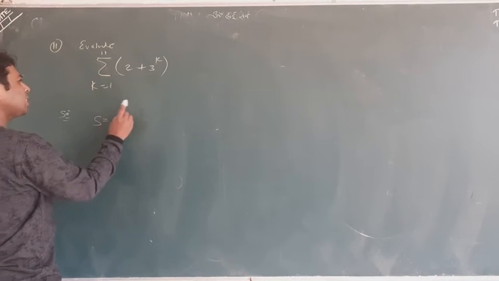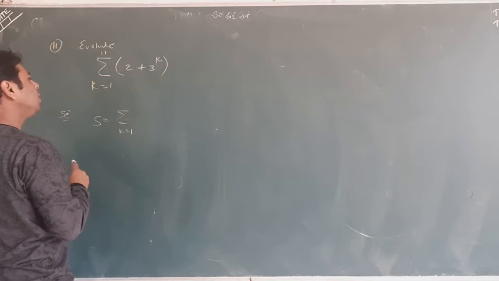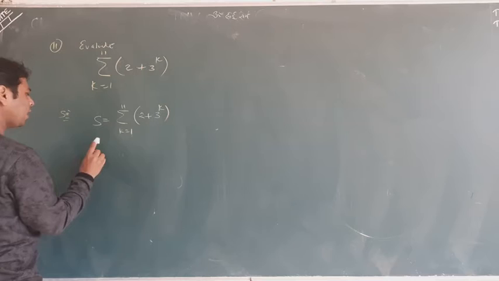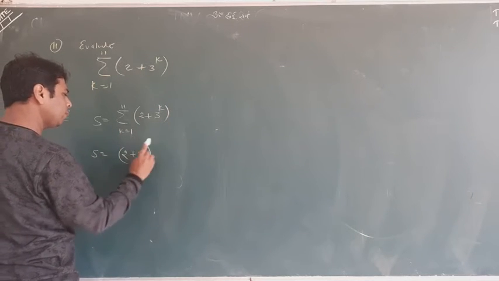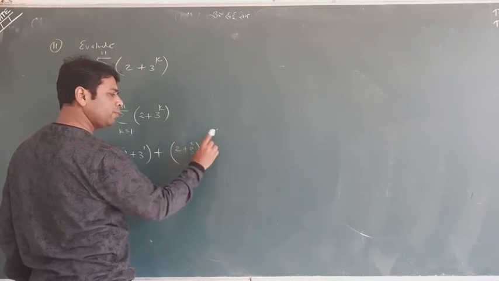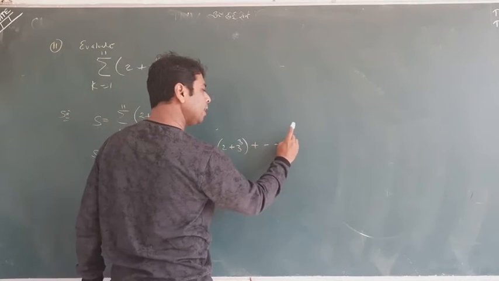So suppose it is S, k equal to 1 to 11, 2 plus 3 to the power k, and write first k equal to 1, 2 plus 3 to the power 1, then 2 plus 3 to the power 2, then 2 plus 3 to the power 3 till 11 terms.